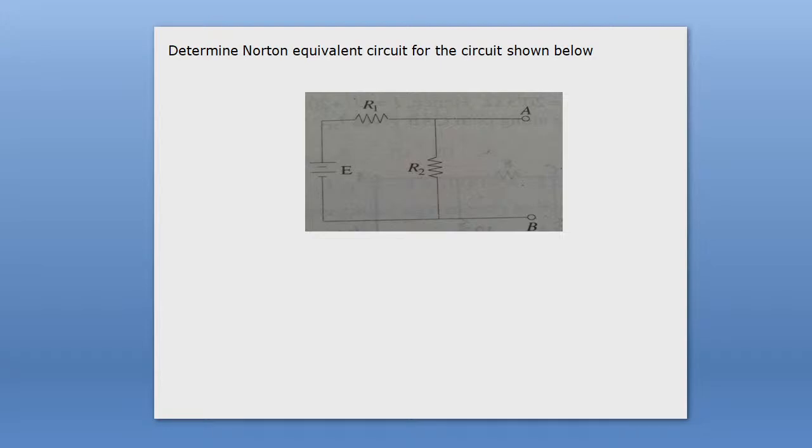First, for independent sources, remove the load resistance or the resistance for which we need to calculate current or voltage. After that we will calculate the short circuit current.